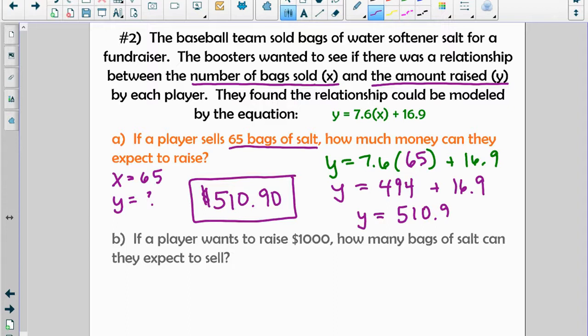Now, for question B, it says if a player wants to raise $1,000, how many bags of salt can they expect to sell? So this time they're giving us the value of y. They're saying the amount raised would be $1,000. And what we need to do is try to figure out what does x equal then when y equals 1,000.